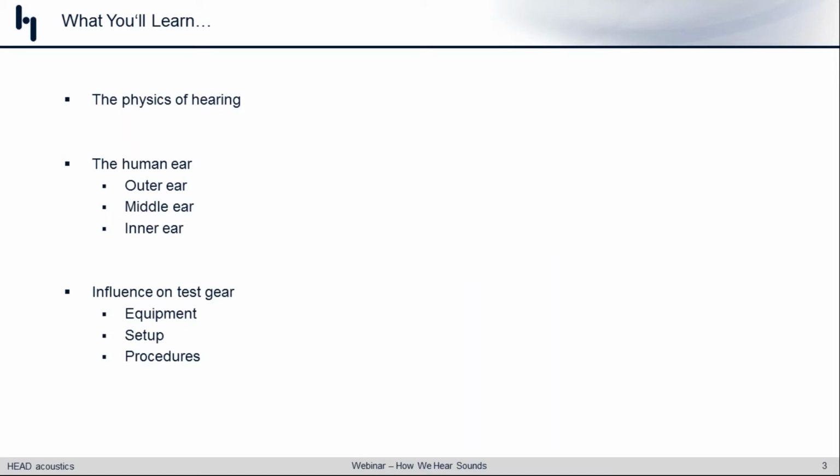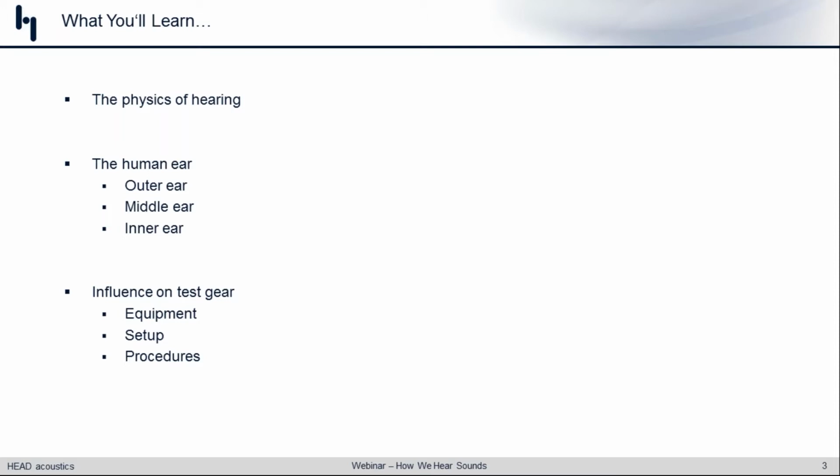So with that being said, today's agenda we'll go through the physics of human hearing in pretty in-depth levels, and then we'll get to talking about some of the anatomical features that really govern how we perform in the sound field.